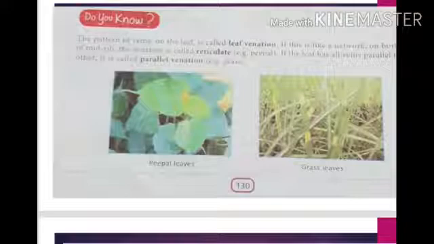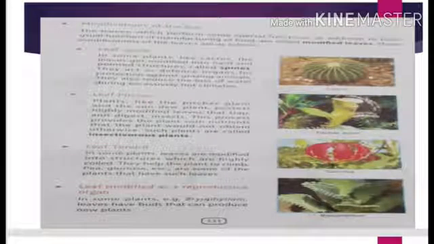So next time if you are in a park, try to collect the leaves and recognize the pattern of veins so that you can also tell the difference between reticulate and parallel venation.